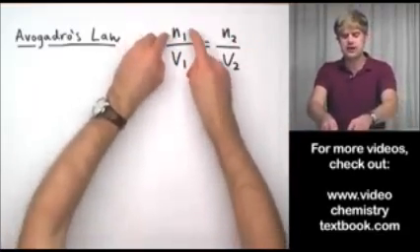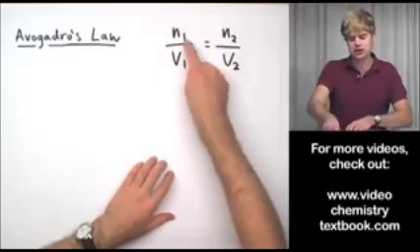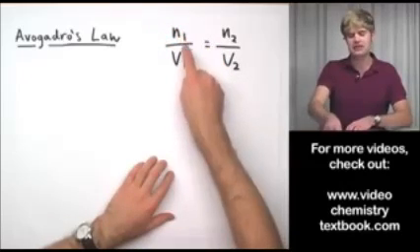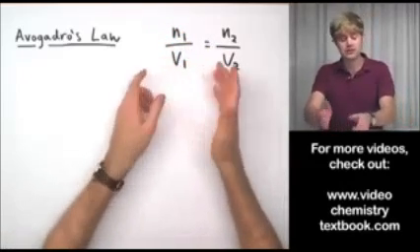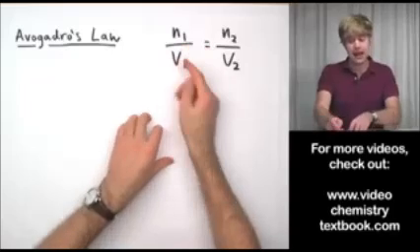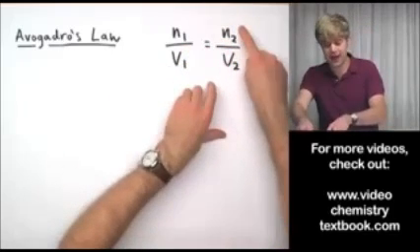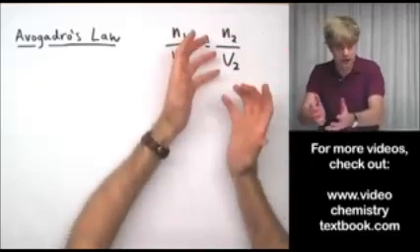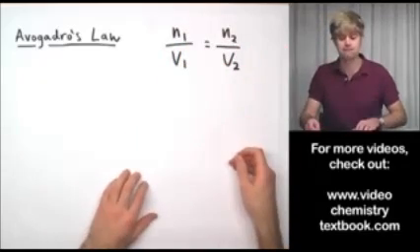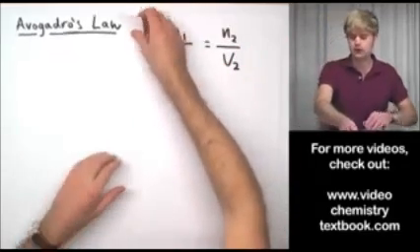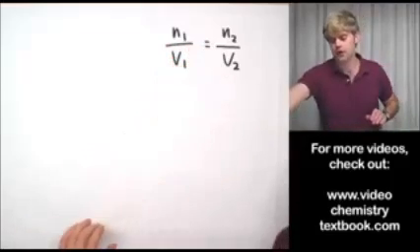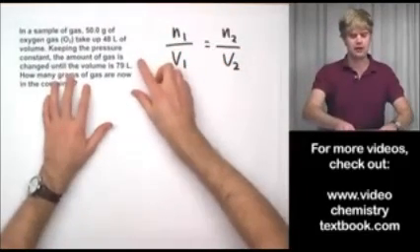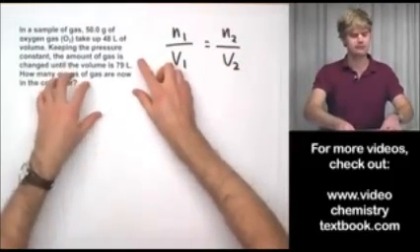It assumes that I have an initial amount of gas and an initial volume, that's before the change, and then the amount of gas and the volume change after I do something to it. Okay? So, let's work through Avogadro's law by looking at a math problem here.